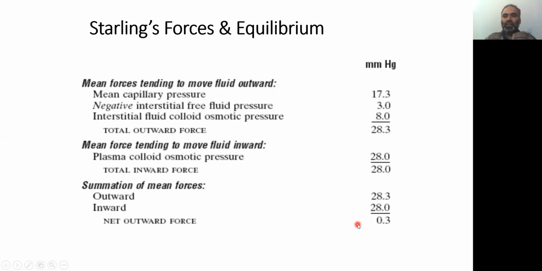Now, this is actually more realistic when we are talking about the entire human being in vivo, okay? On the go, real life scenario, not experimental.